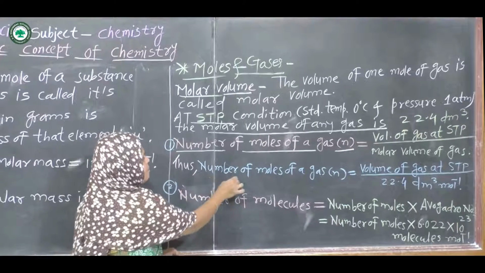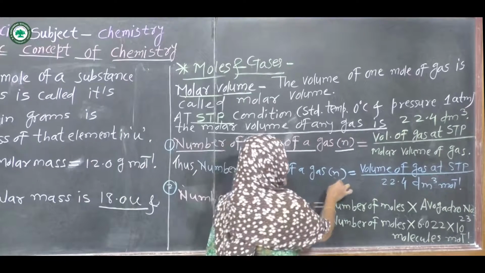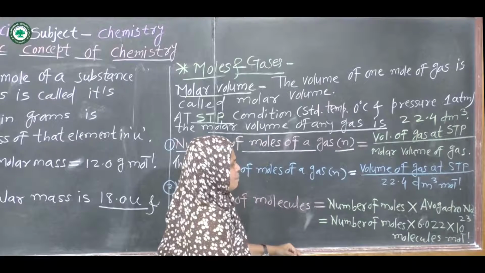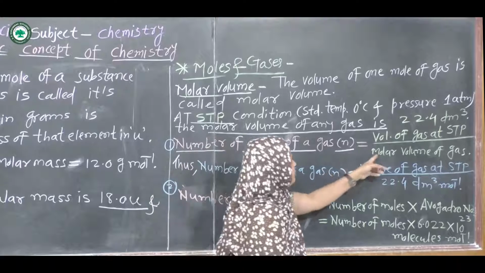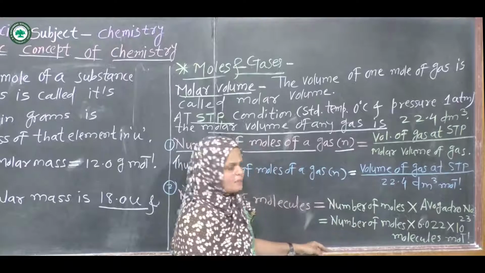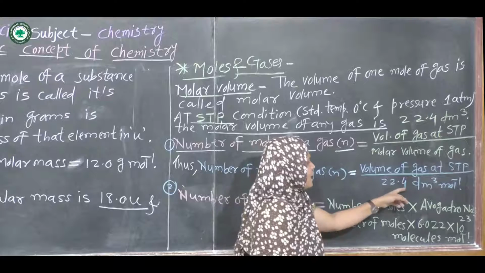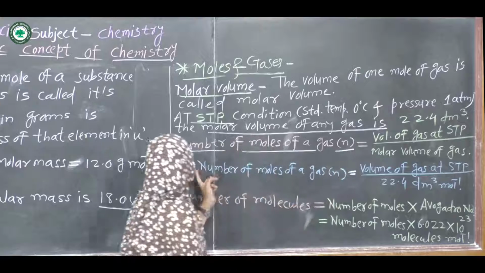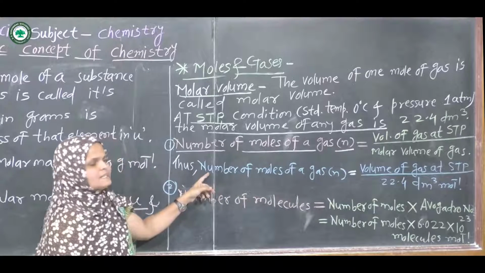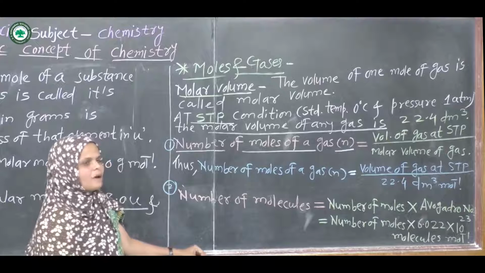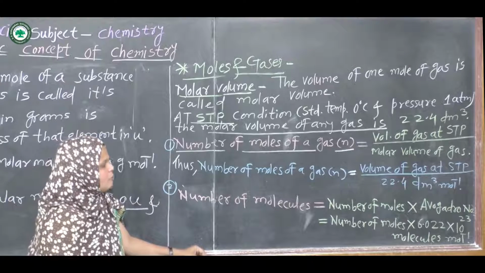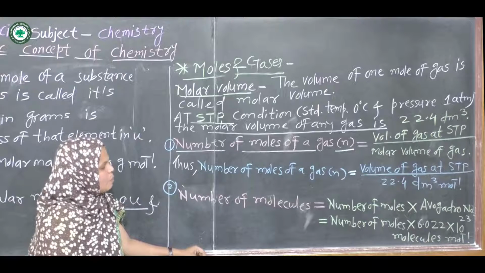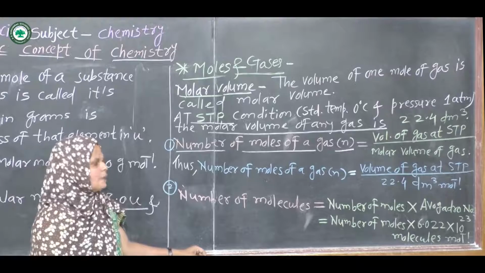Thus, number of moles of gas n is equal to volume of gas at STP divided by, we know that molar volume of any gas is equal to 22.4 dm³ per mole. We get the number of moles of gas. The formula is n equal to volume of gas at STP divided by 22.4 dm³ per mole.